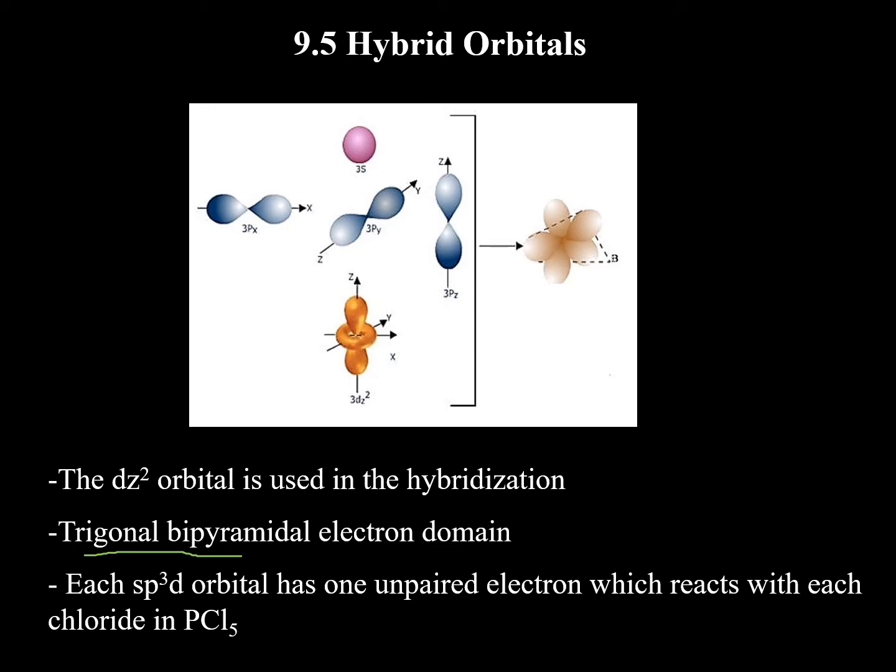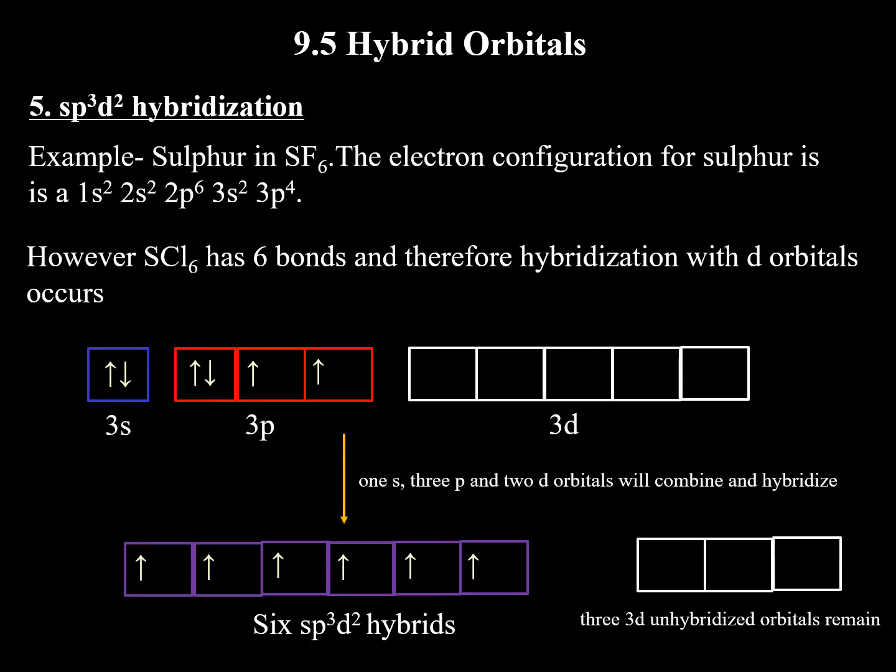If you recall, for the sp, it's a linear shape. For the sp3, it's a tetrahedral electron domain. And for the sp2, it's a trigonal planar electron domain. The last one I'll mention here is sp3d2.